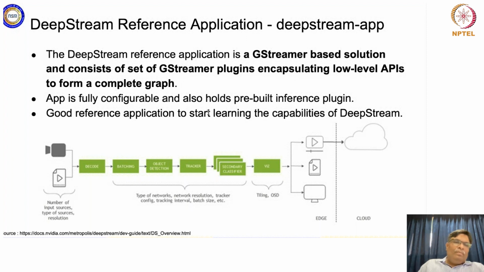Now here, the first thing is to capture. So you will have a number of input sources, types of sources, resolution. It can be video, it can be real live input from the camera.